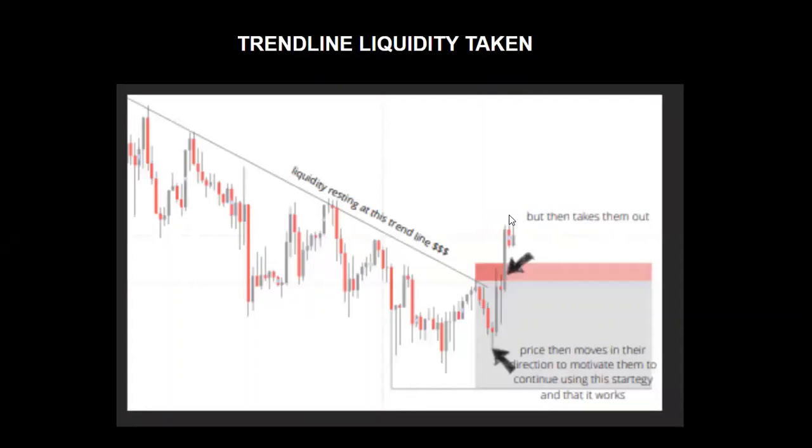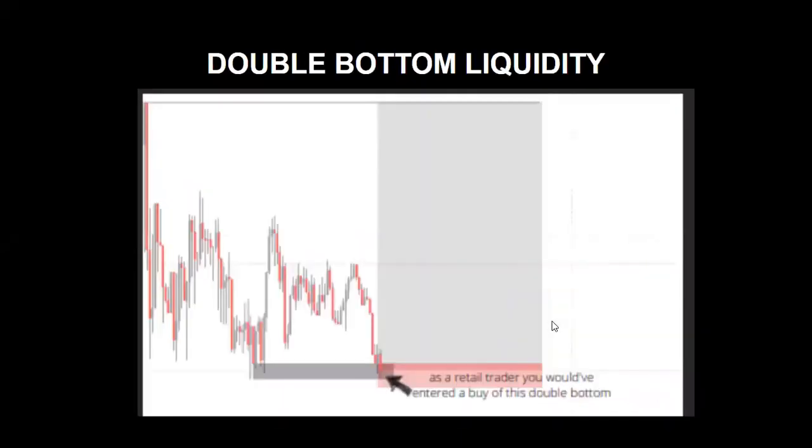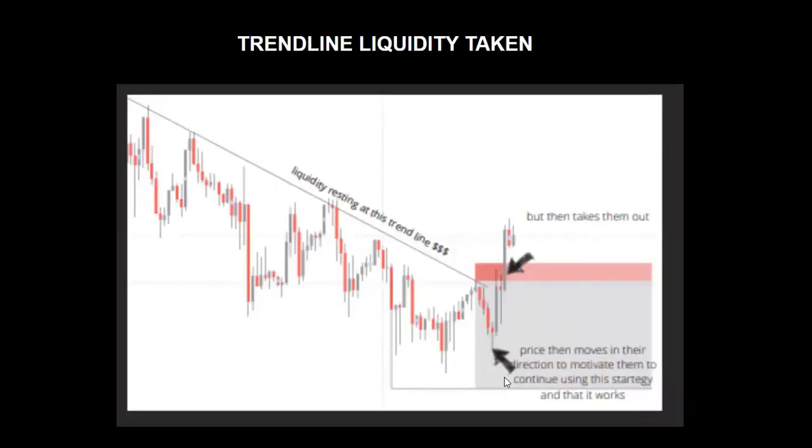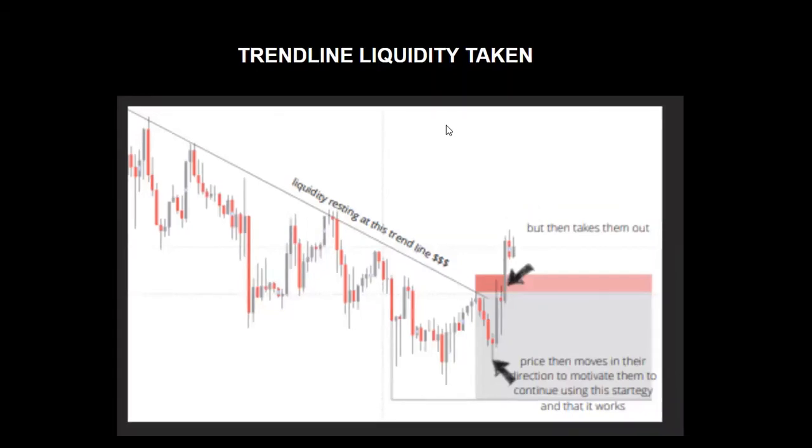See, the smart money intentionally took out their stop loss and price moved in their direction. So the price will first move in the direction of the retailers to motivate them. I think you can understand what I'm trying to explain. Thank you very much. So we continue to the other one.